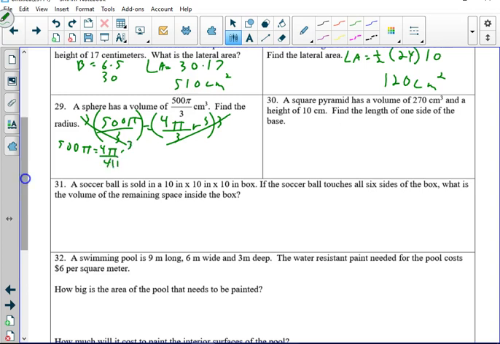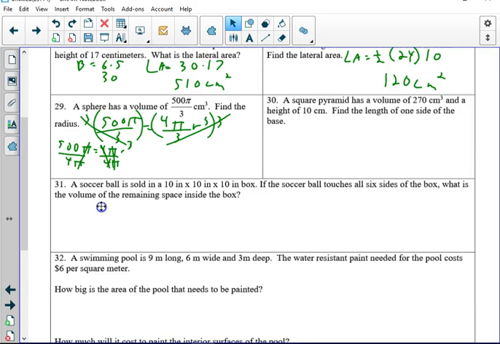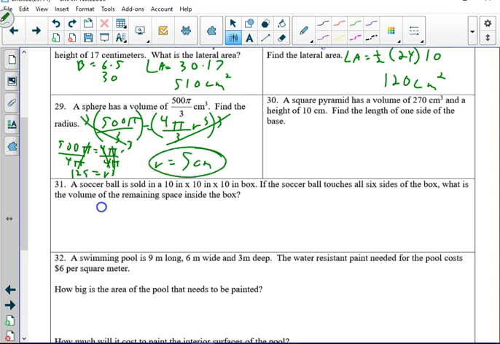Well, if you divide by 4 pi, pi's cancel. 500 divided by 4. Brain not working. 500 divided by 4. Actually, I can do that. 125. So 125 equals r cubed. Take the cube root of both sides. R equals 5 centimeters.